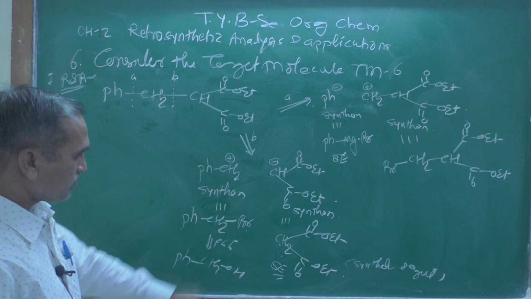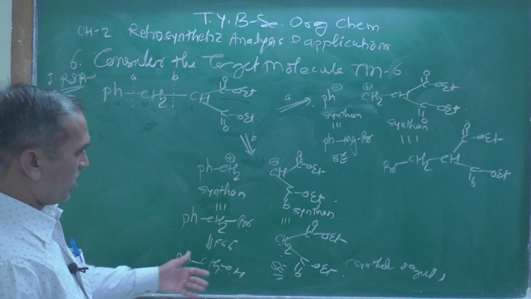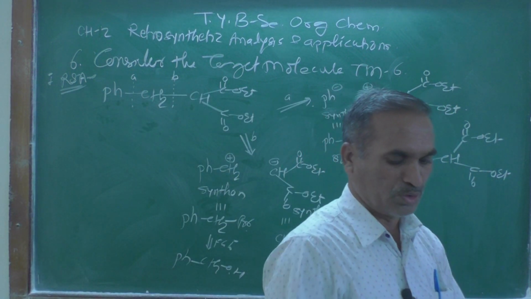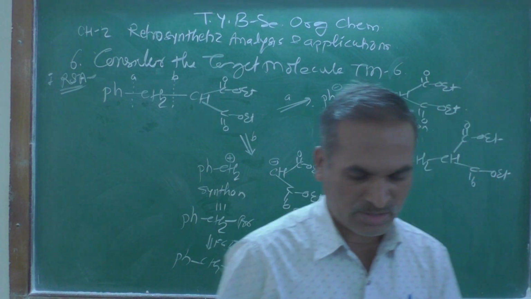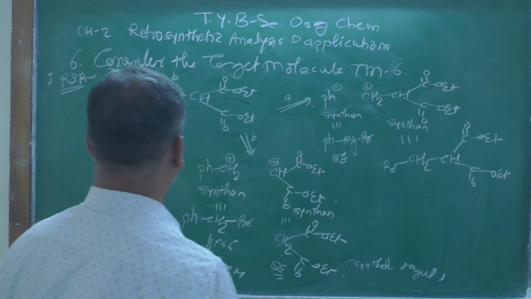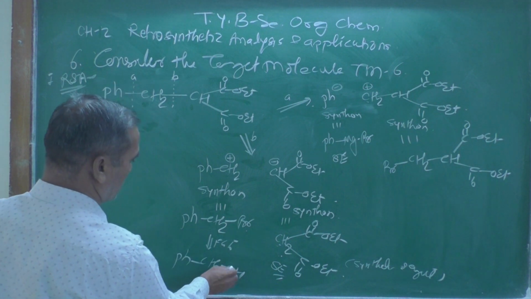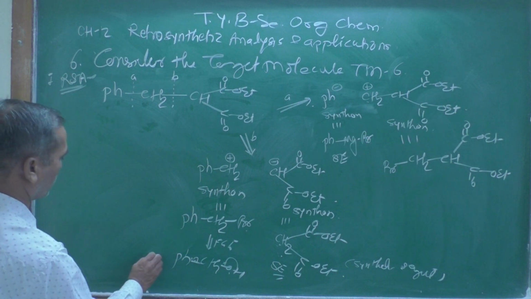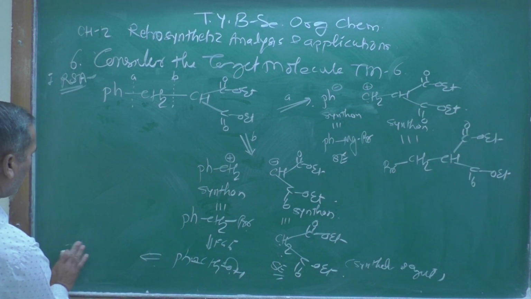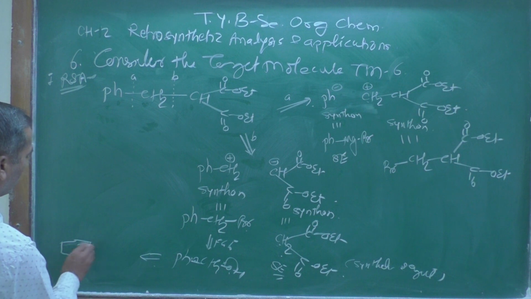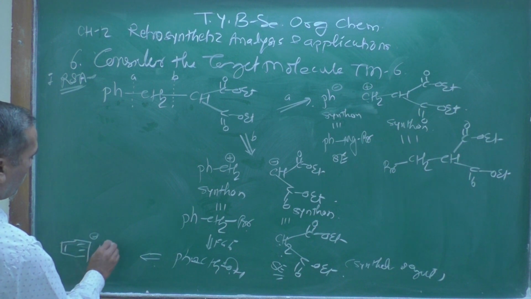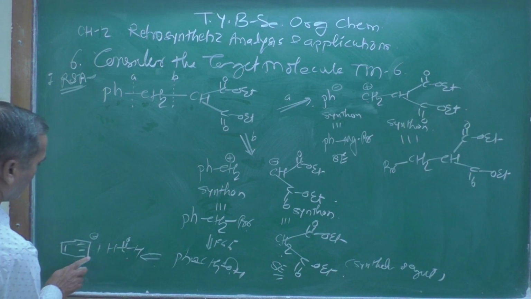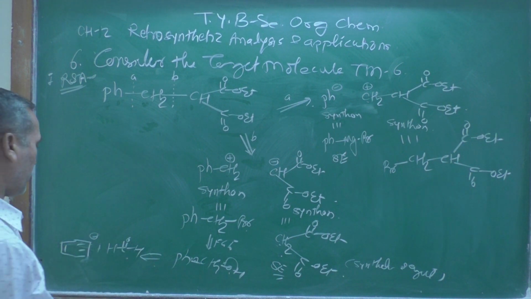Once you prepare that alcohol, there are different ways, but up to this point you can remember this way to represent it. This alcohol can be broken like this, and you will get here Ph with a negative charge, plus H-C double bond O, that is formaldehyde.